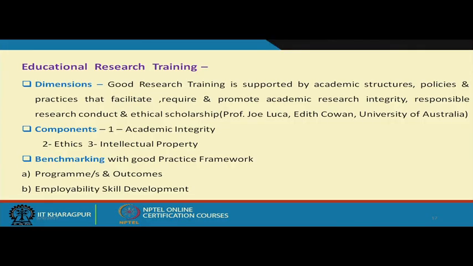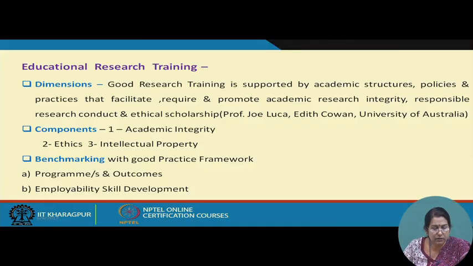Now, we will discuss educational research training. Prior to actually conducting educational research or identifying a research problem, we need to have certain training. Students of different disciplines and domains should have some kind of orientation or training prior to educational research. So, what are these factors?